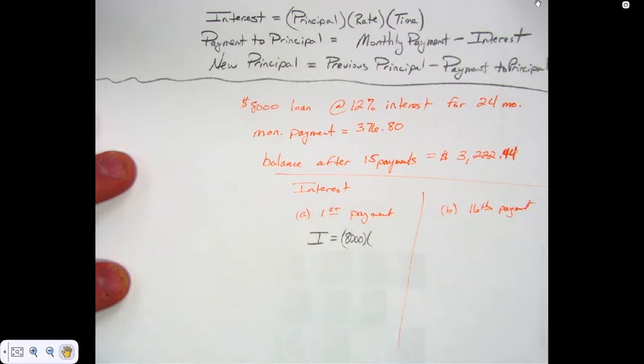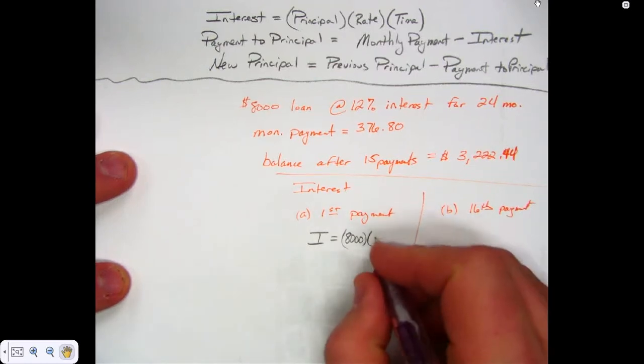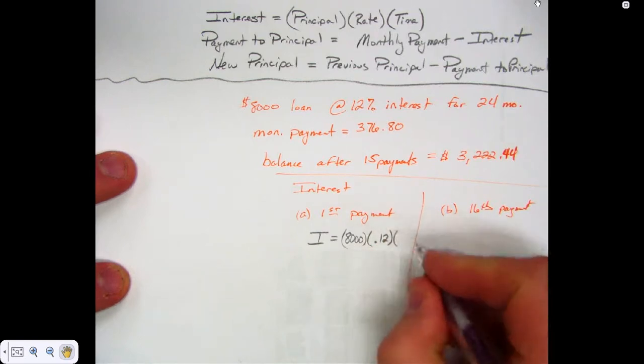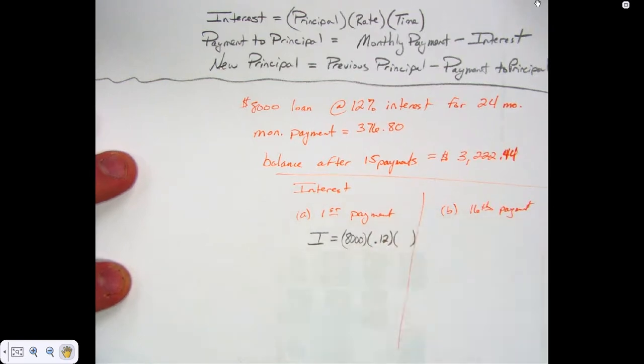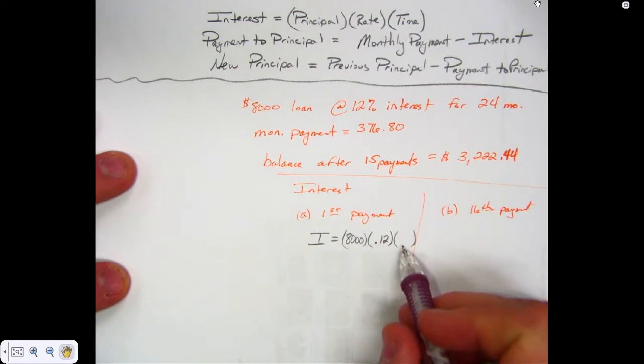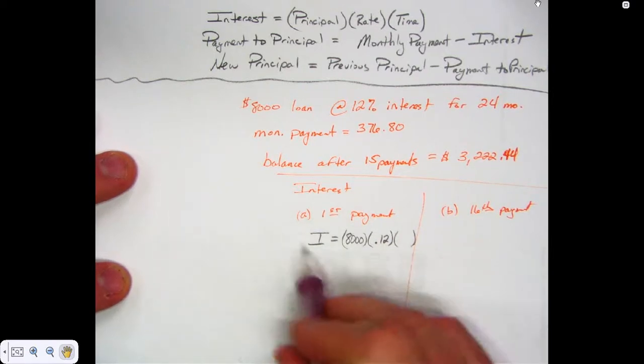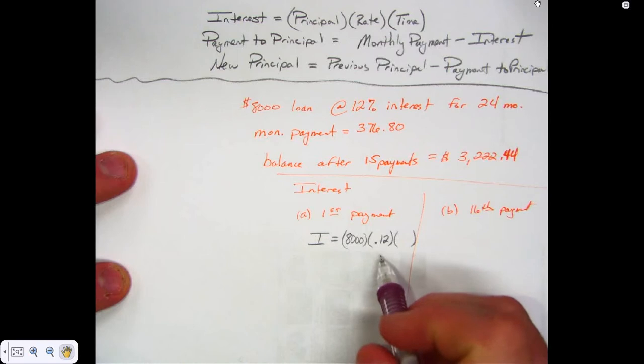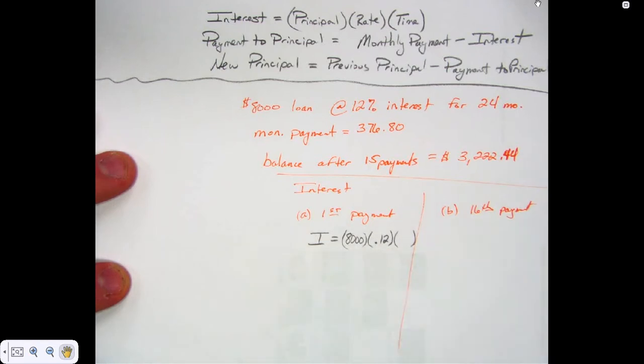Times rate. What is our rate? 12%. And that's per year, isn't it? So when we do time, if this is 12% per year, our time needs to be in years. What kind of payment was this? For how much? One what? 1 month, right? Does everybody understand that?